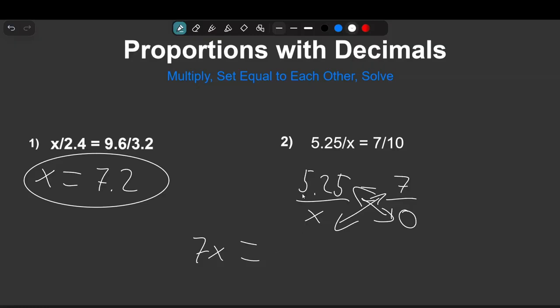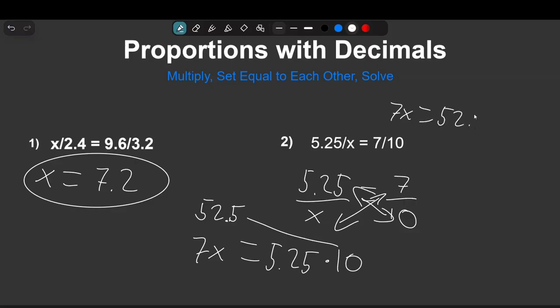So 7x now equals 5.25 times 10. 5.25 times 10 will equal 52.5. So we are left with 7x equals 52.5. And this will be our equation we have to solve.